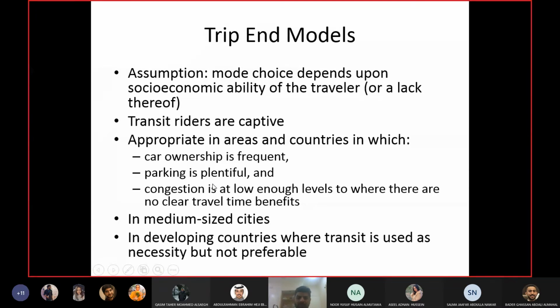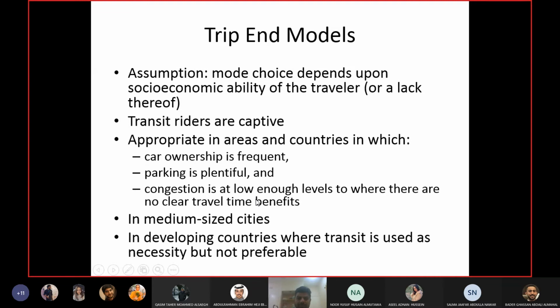So even if you are using other modes, there is no saving in travel time. Sometimes you want to go by bus, but there is no benefit in taking a bus, because the car and the bus almost have the same travel time.